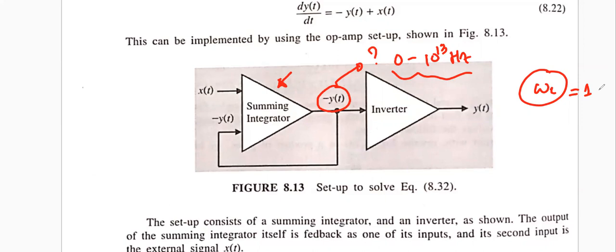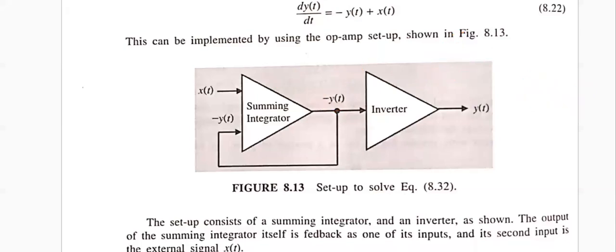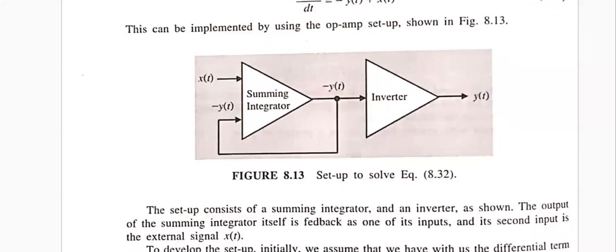So we have a range of signal, from DC to infinite frequency, because this is a very high frequency, 10 to the power 30. For that, we can design our filter. As you know, the summing integrator circuit can also work as a filter. So this concept is very important to understand IIR and FIR filters.